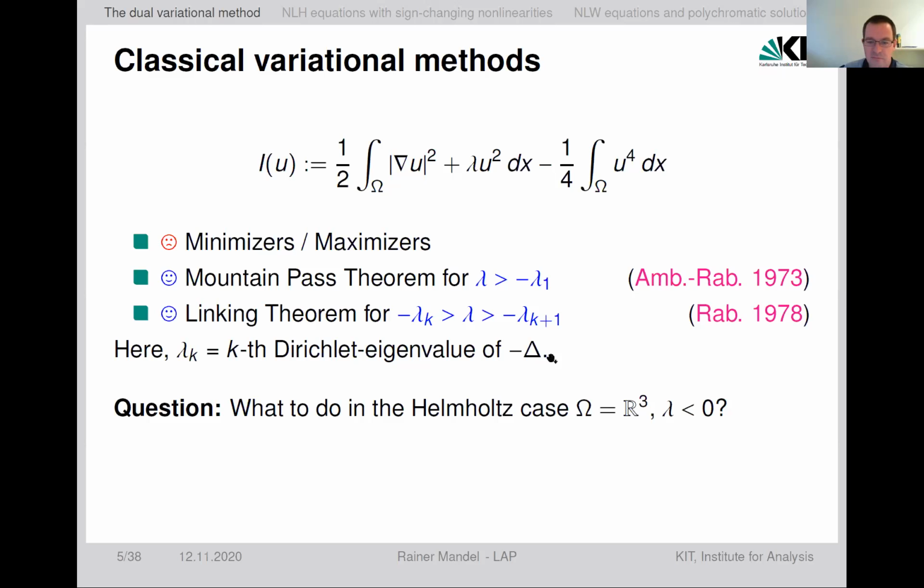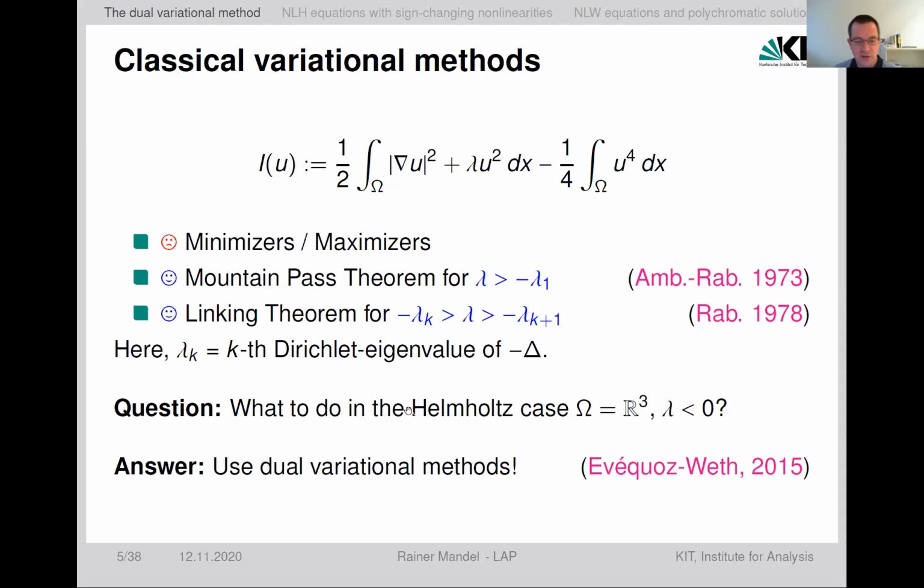So there's no hope actually to find solutions using critical point theory, at least not in H1 or in L2. So what can be done?